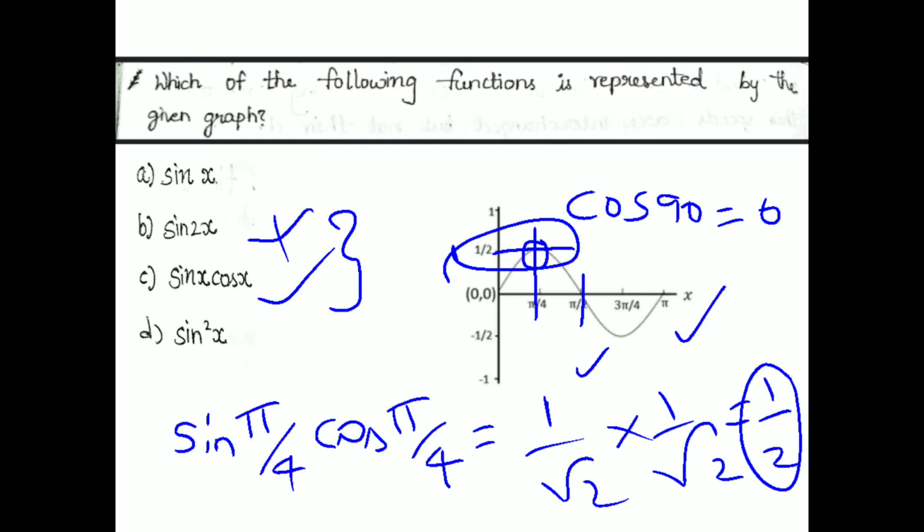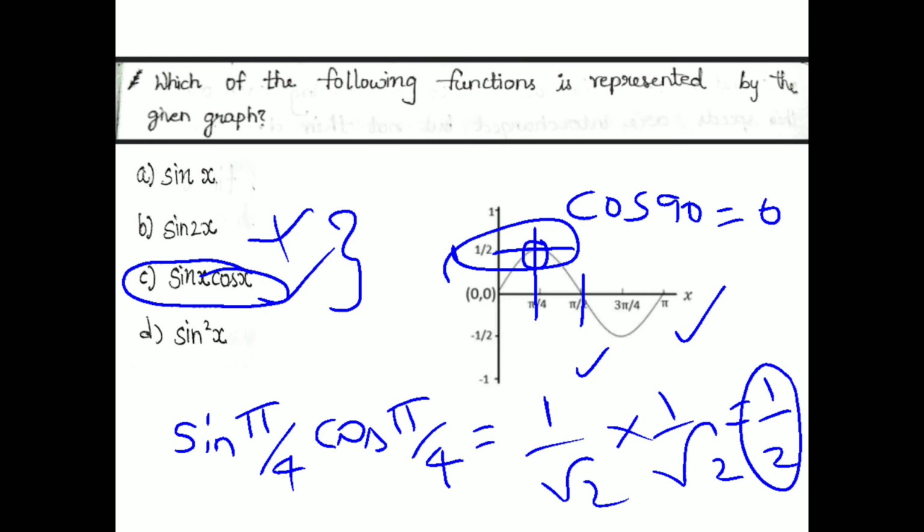So finally the correct option for this question is option C. Option C, sin x into cos x, is the answer for this question. We can see here that B and C are nearly related to the sin 2x function. Sin x cos x could be written as sin 2x by 2.